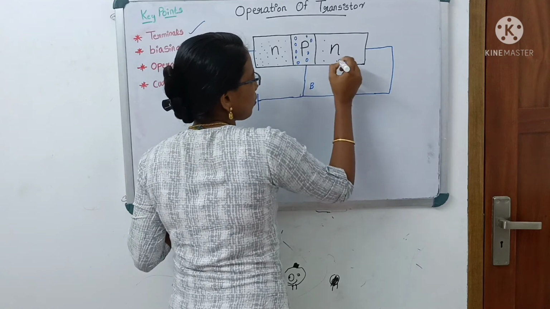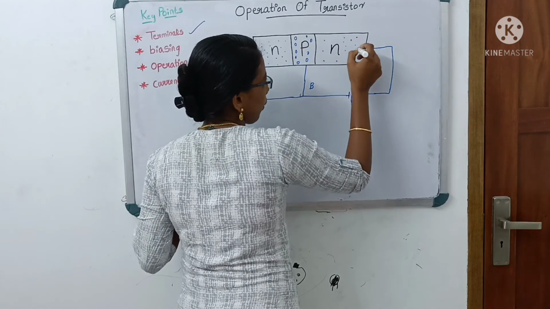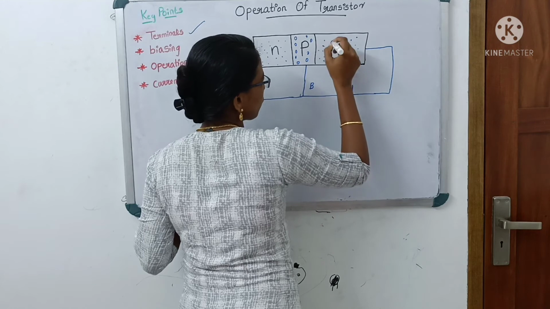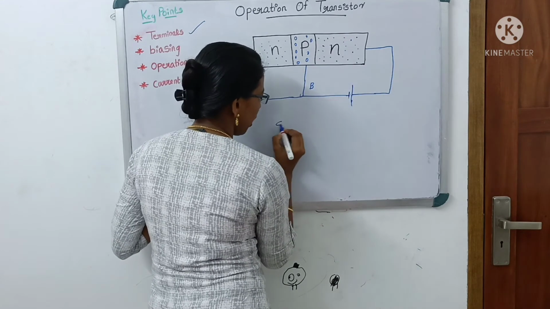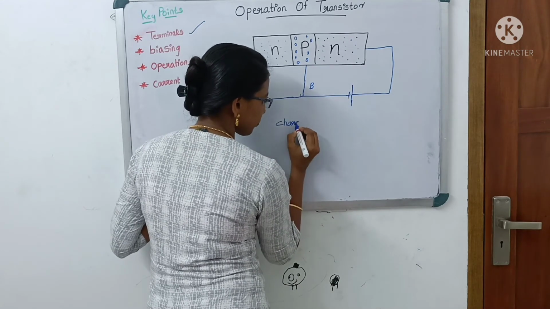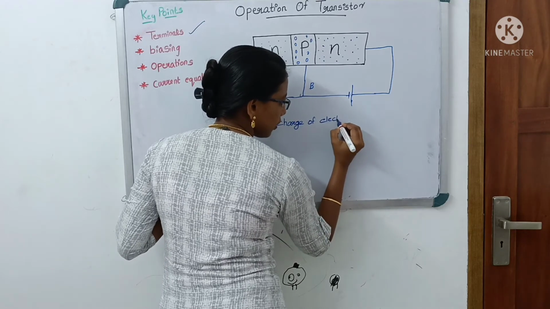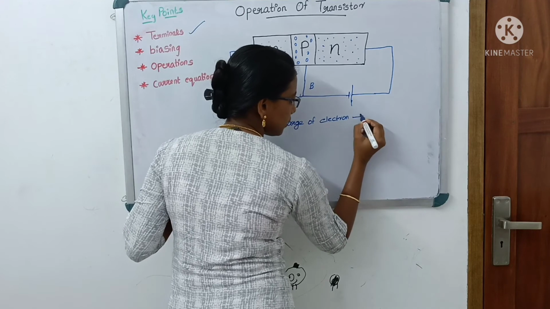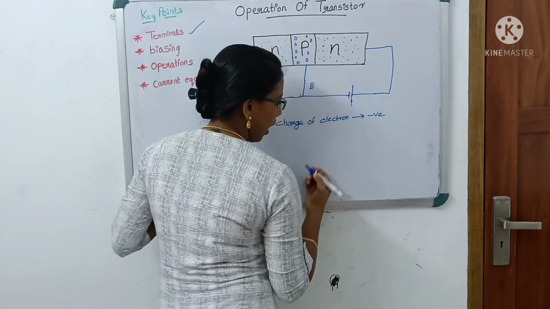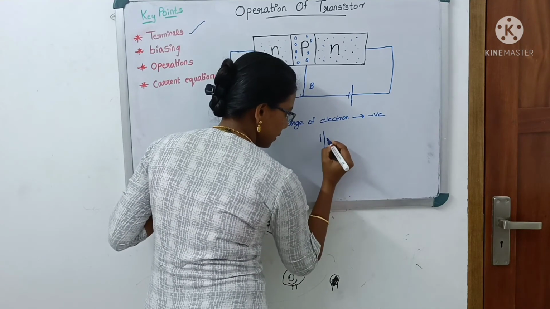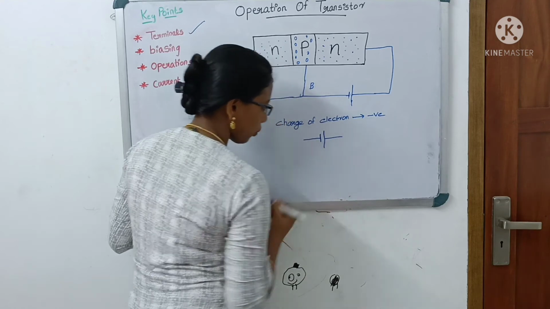Here it is also electrons. The charge of an electron is negative.